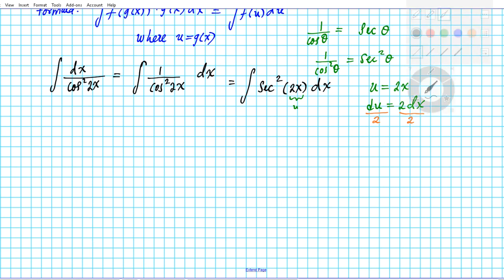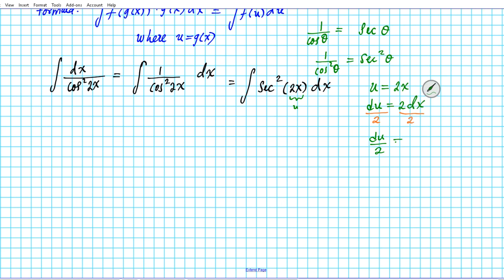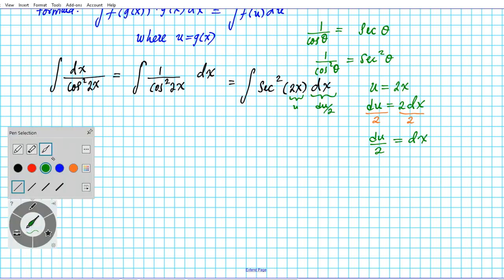Du over 2 is equal to dx. Bullseye. That's exactly what we want, because now we have a perfect match. Now we can call this component right here du over 2. This is a very, very important step. You must know what u and the du or its multiple is before you carry out your substitution to avoid making errors.